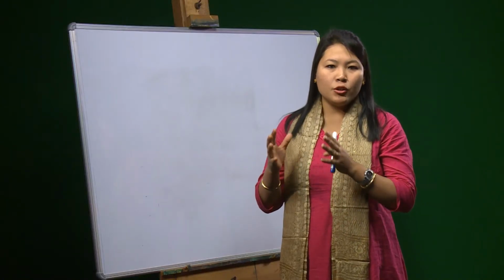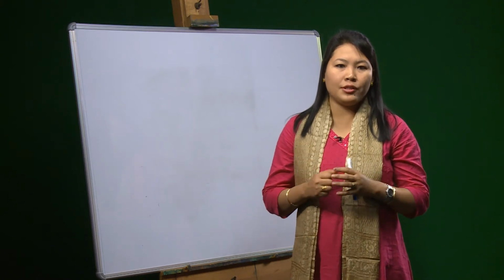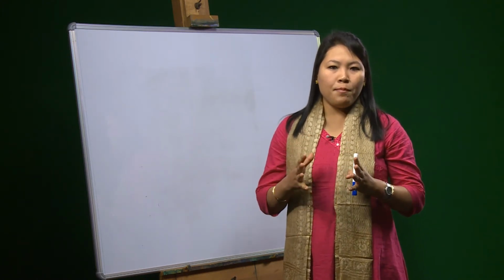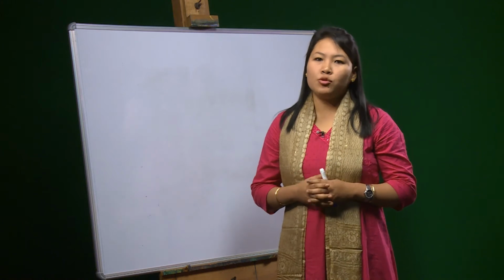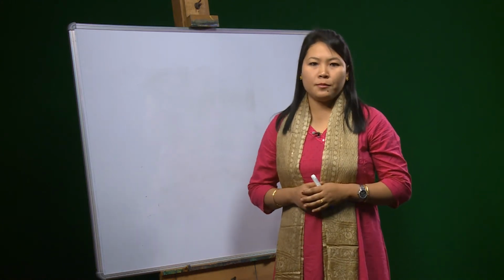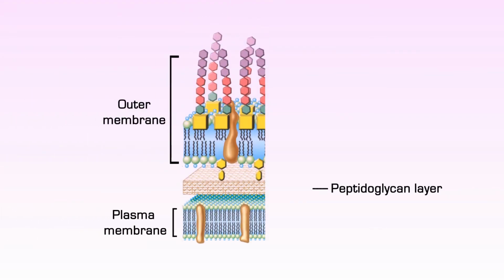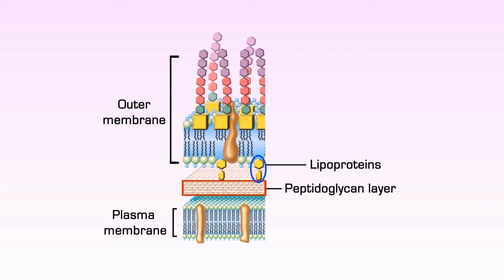But it remains strong, tough, and elastic to give them shape and protect against extreme environmental conditions. And this peptidoglycan layer, which is present in a very thin layer, is non-covalently anchored to lipoproteins through their hydrophobic head.